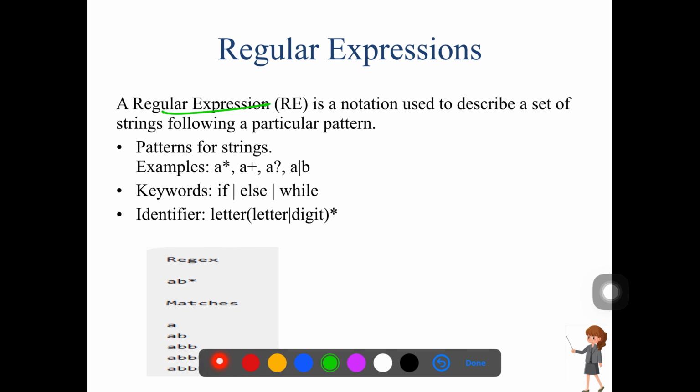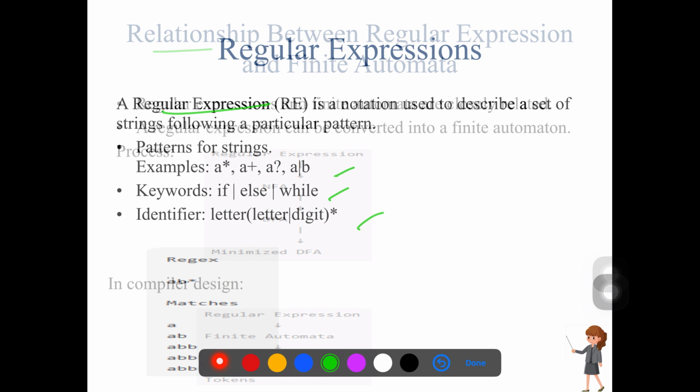We have patterns for strings. You can see the examples: A star, A plus, A question mark, A or B. Keywords: if, else, while. Identifier: letters or digits. You can see the small picture over there. I hope you guys understood. Let's move on to the next slide.